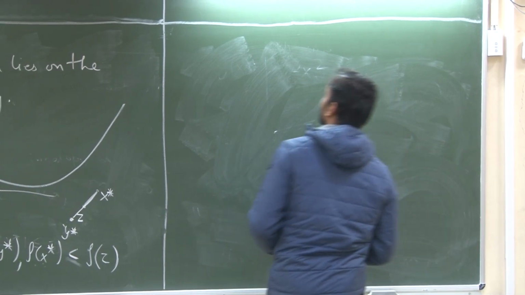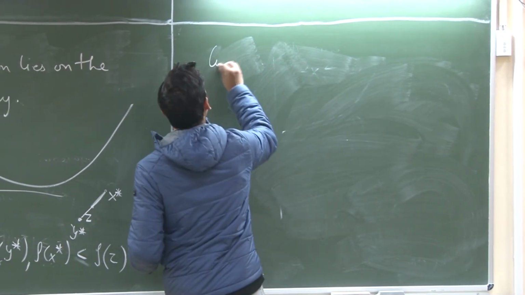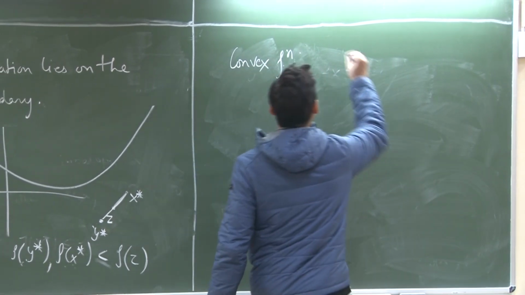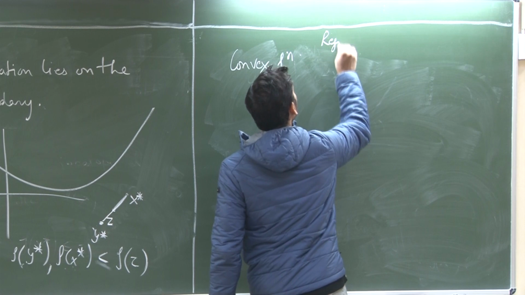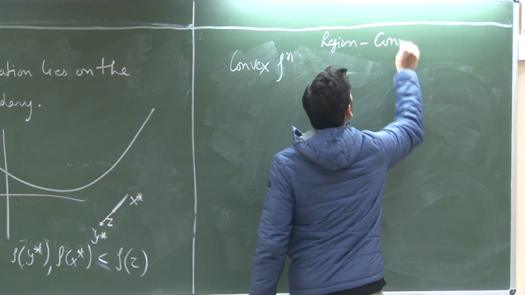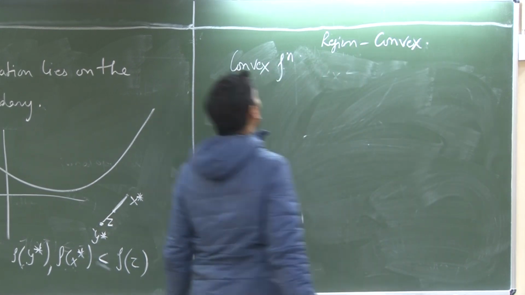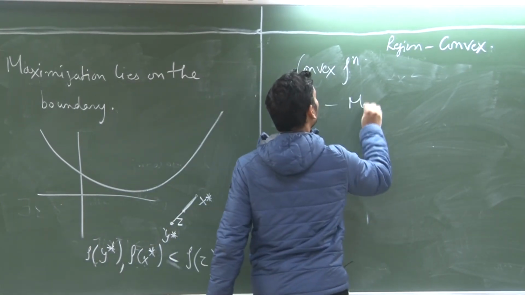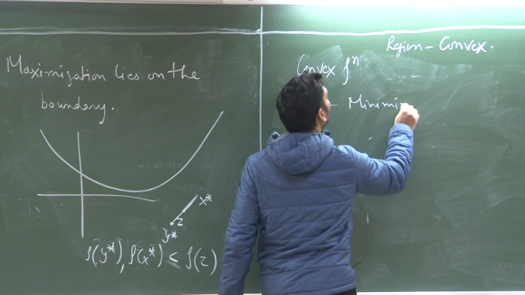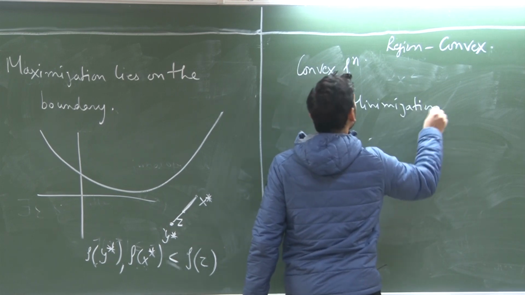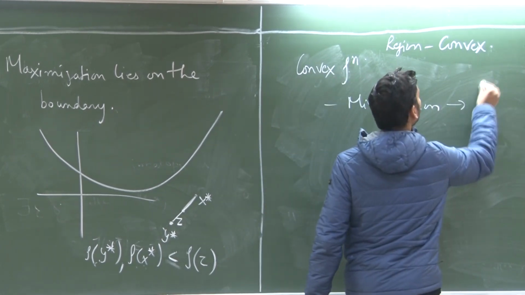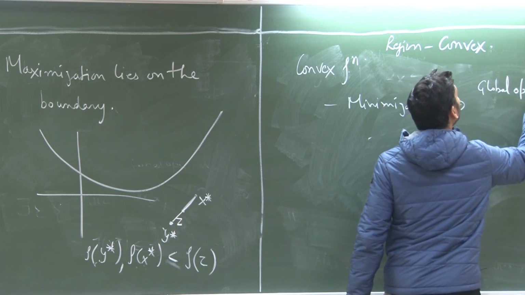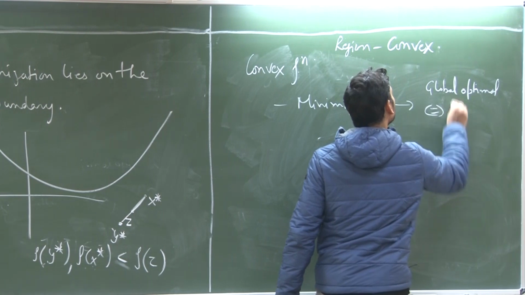Great. We know nice things about convex functions. Notice we will always assume that the region where the function is defined, or our feasible region, is convex. Now, if you have a convex function, for minimization, global optimal is same as local optimal.